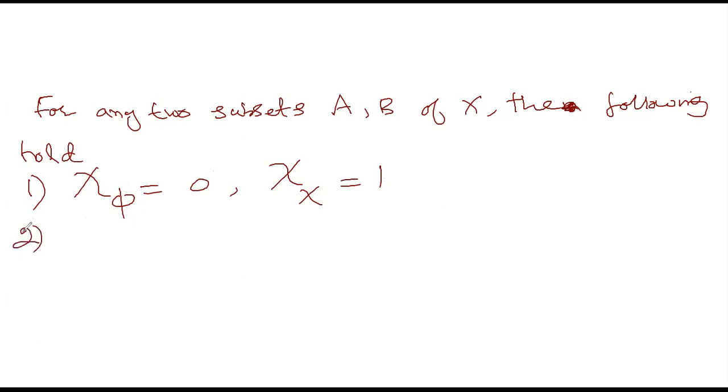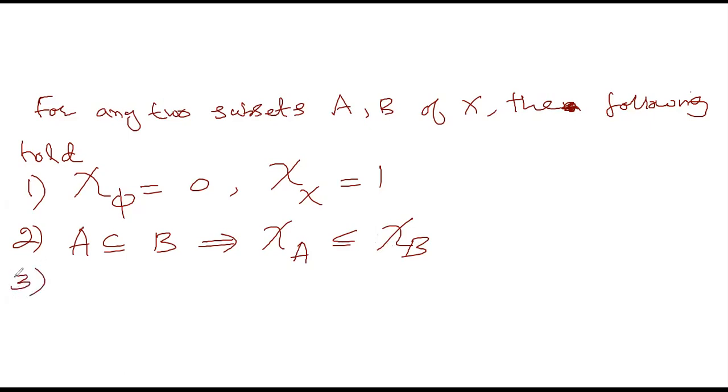Second property: A subset of B implies chi A is less or equal to chi B. Chi A less or equal to chi B means chi A of x is less or equal to chi B of x for each x in X. It's actually pointwise inequality, that's what we mean by chi A less or equal to chi B.